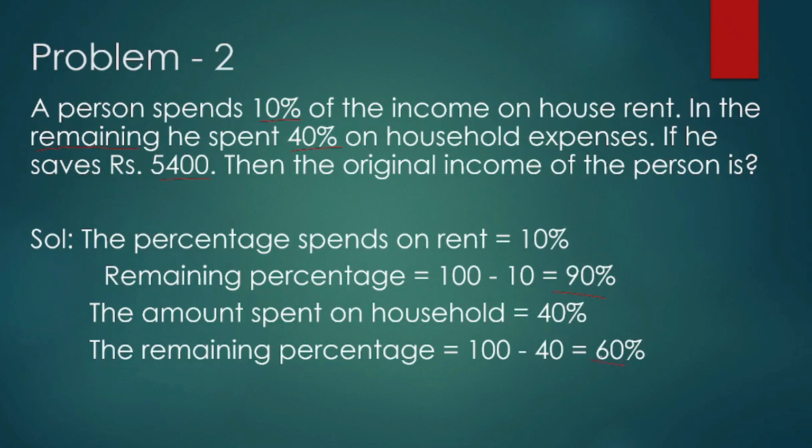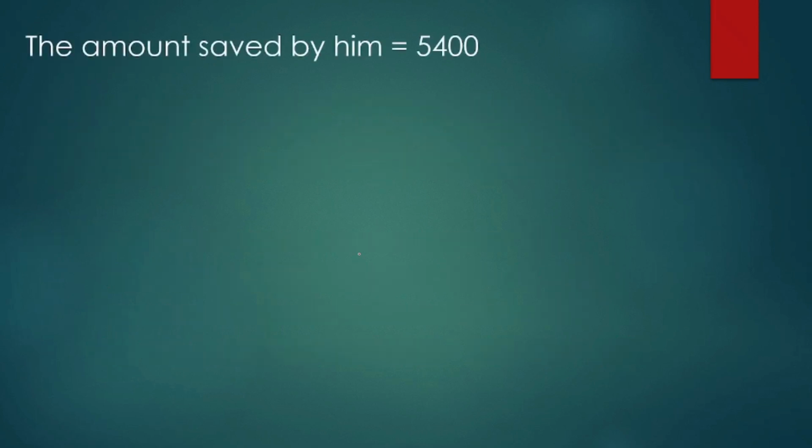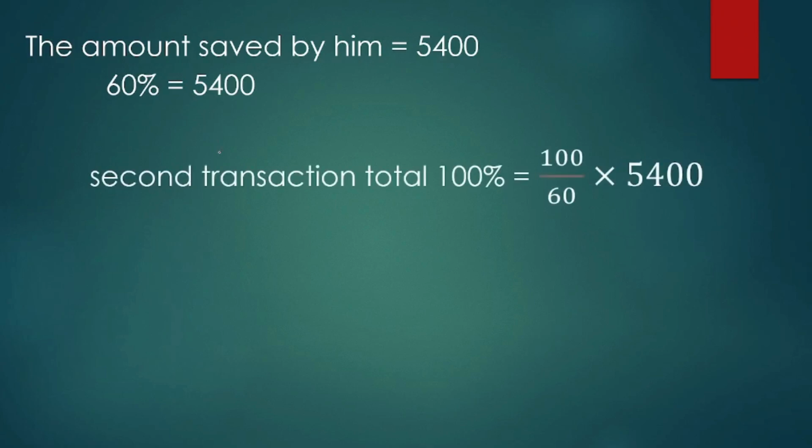So this remaining 60% is equal to the saving. The amount saved by him is 5400. That means 60% is equal to 5400, and this second transaction's total remaining is 100 by 60 into 5400.